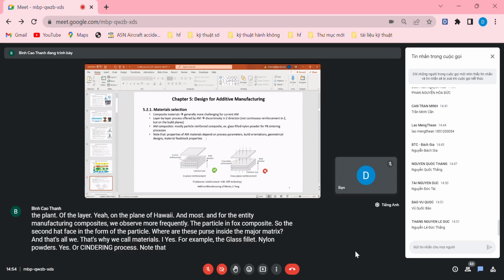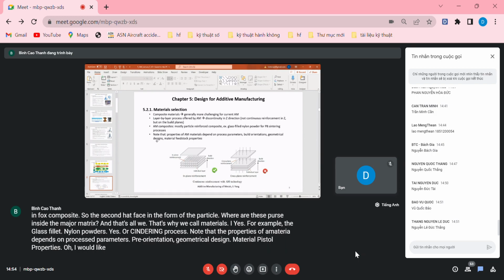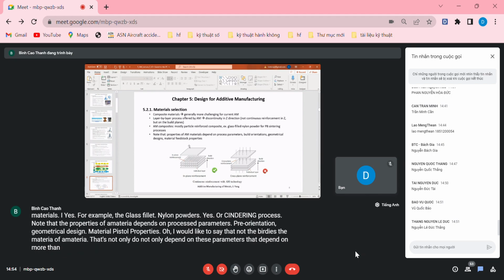Note that the properties of AM material depend on process parameters, part orientation, geometrical design, and material feedstock properties. I would like to say that the properties of AM material do not only depend on these parameters, but on more than 180 parameters.